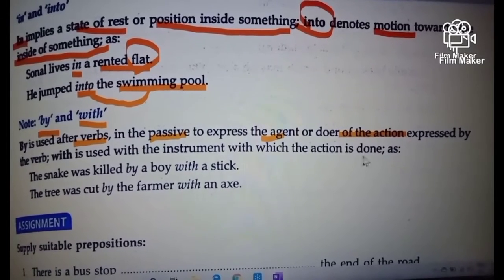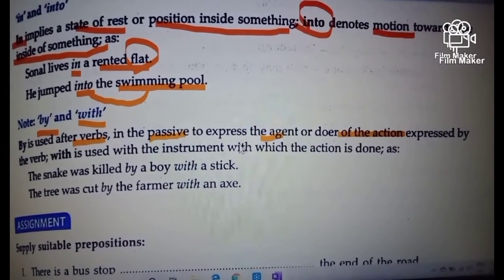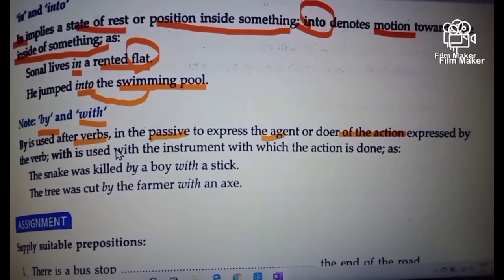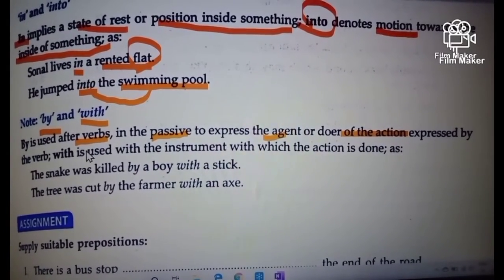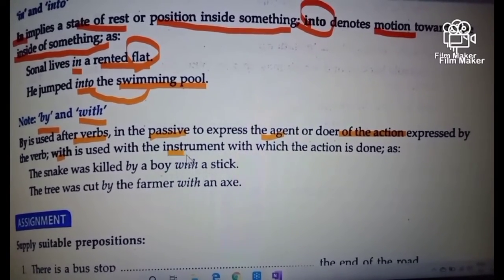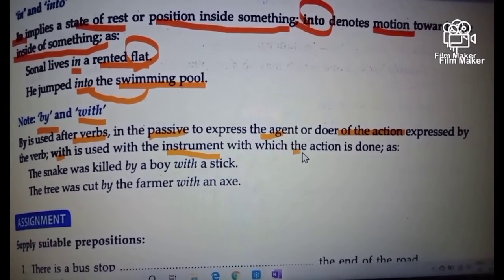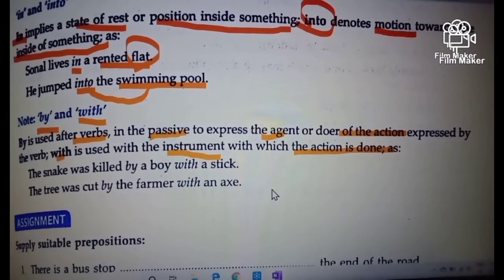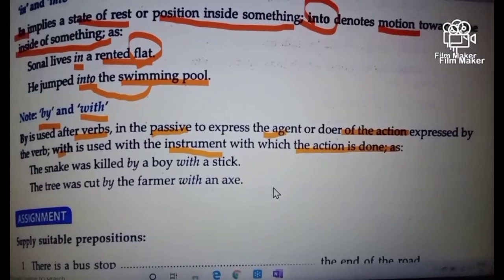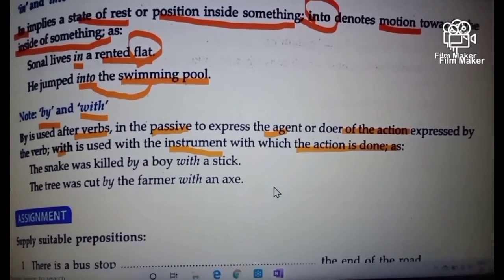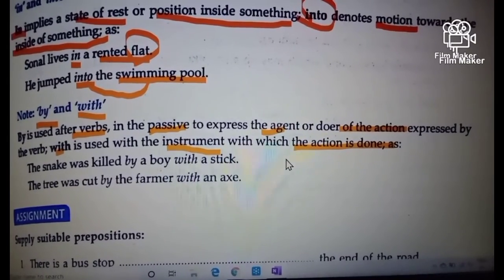And it is also used with the verb to express the passive forms. With is used with the instrument with which the action is done. Means with is generally followed by an object. With that object, some action has been done in the sentence.